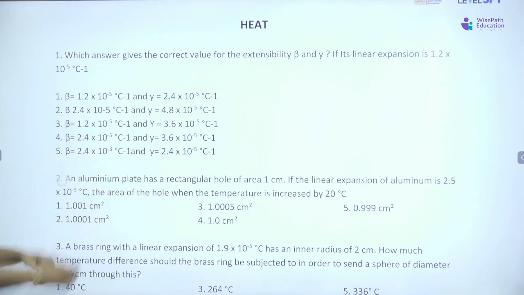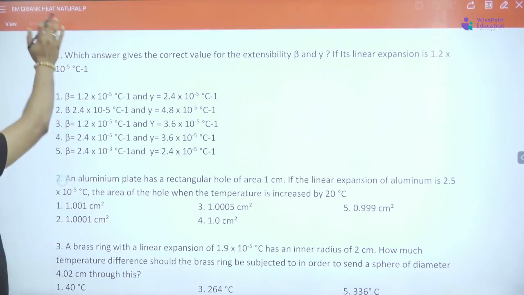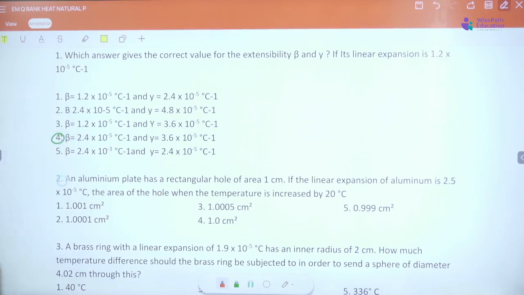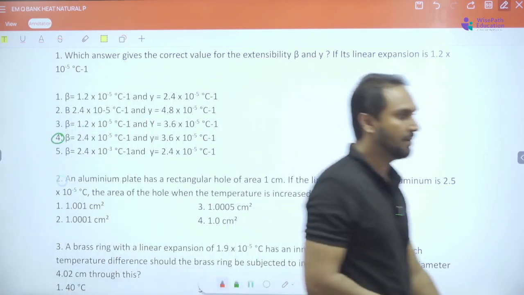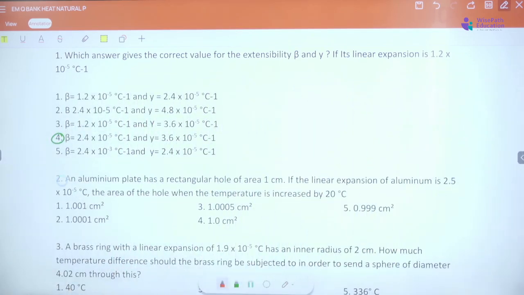The answer is 4, right? Beta is 2 times alpha and gamma is 3 times alpha.